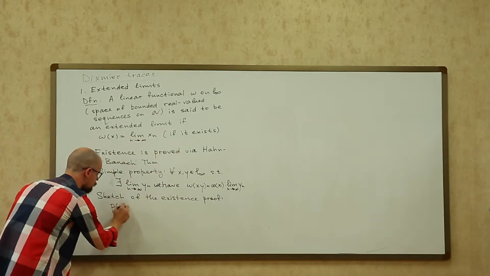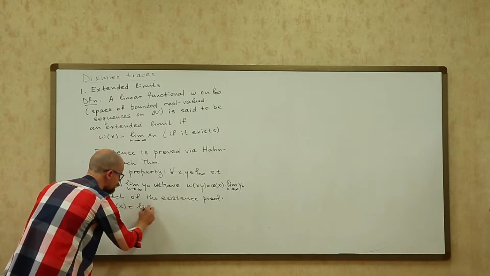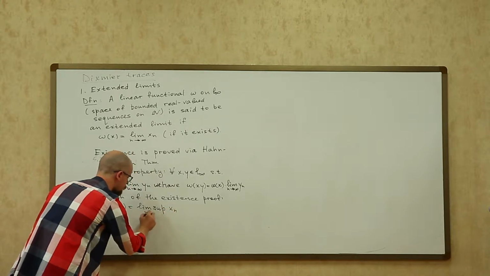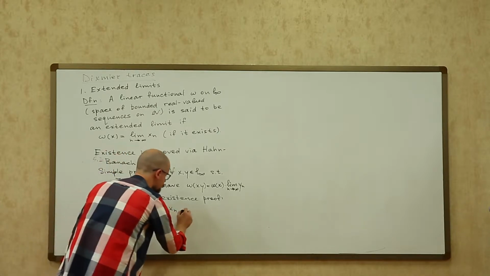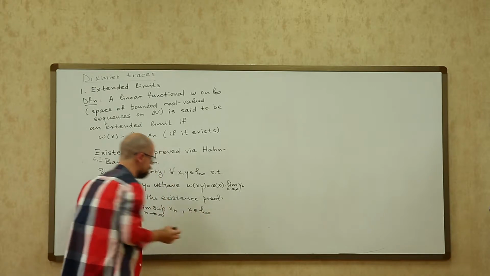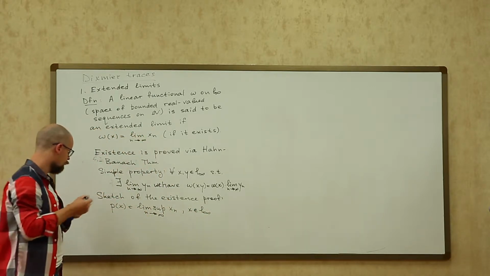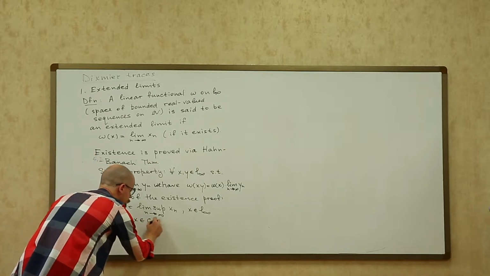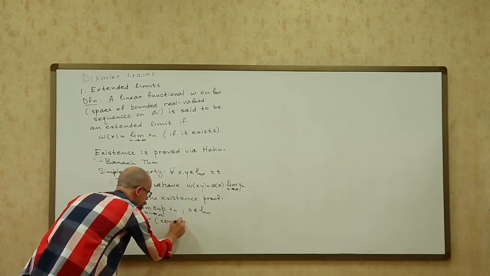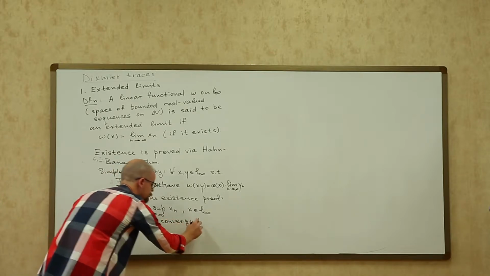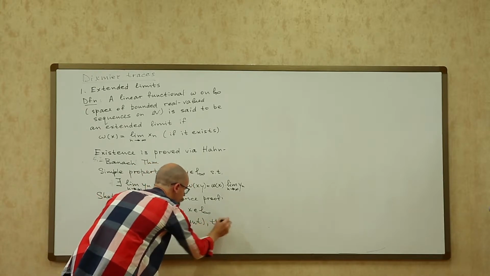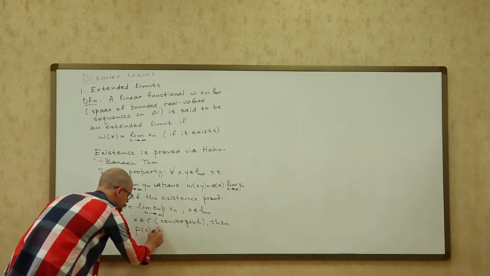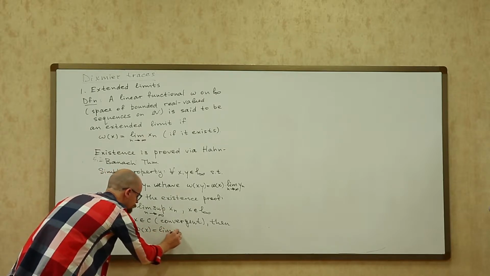Functional P, which is just the lim sup of xn, and we define it on all elements. Then, of course, if x is in C, so convergent, then P of x is nothing but the limit.